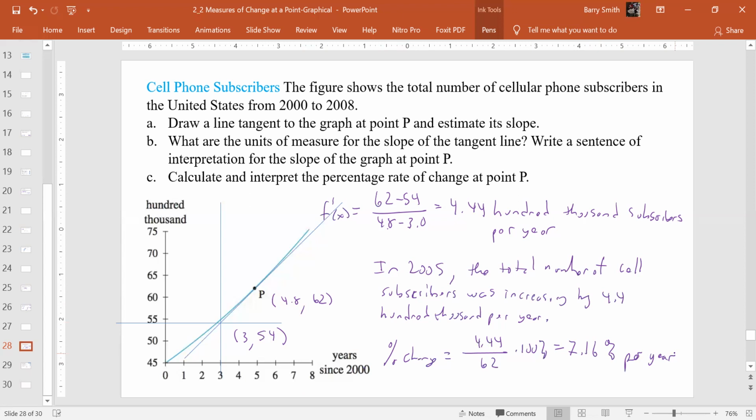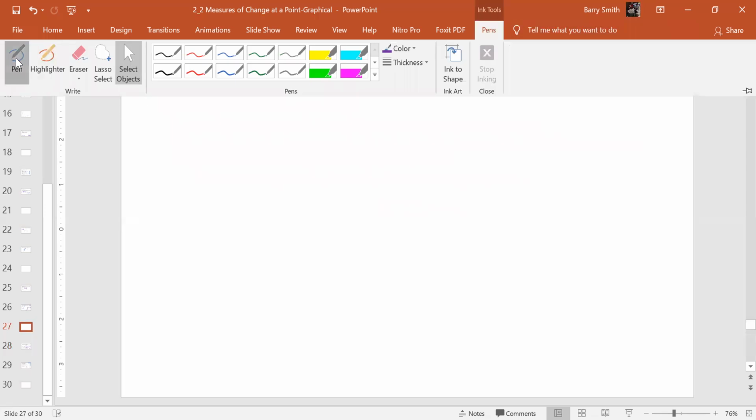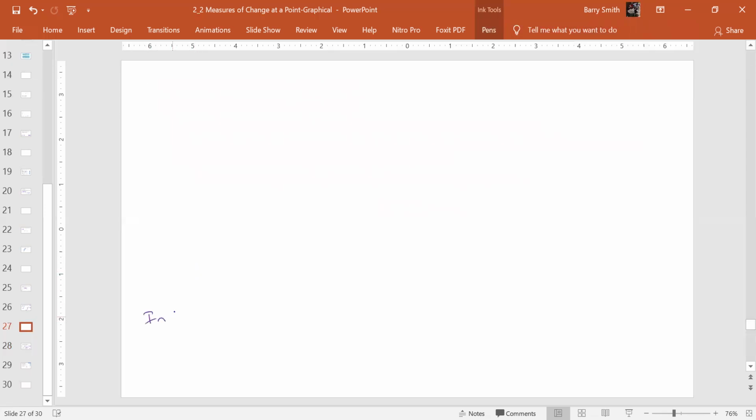Okay. Now, what does that mean? Now we have to write all that again, but we don't have room. And I'm pretty sure I don't have room on the next page, so we'll write it on the page previously. Now I have to remember what it says. It was, I think, in 2005, the total number of cell subscribers was increasing by about, because that was close.